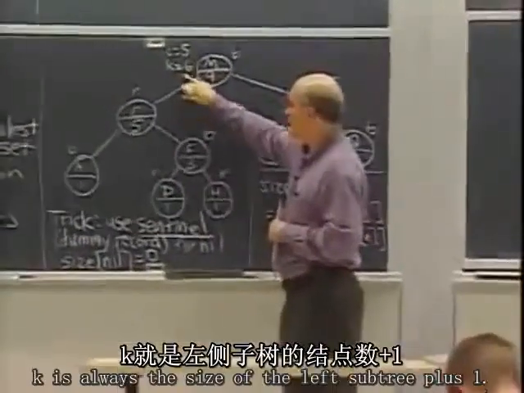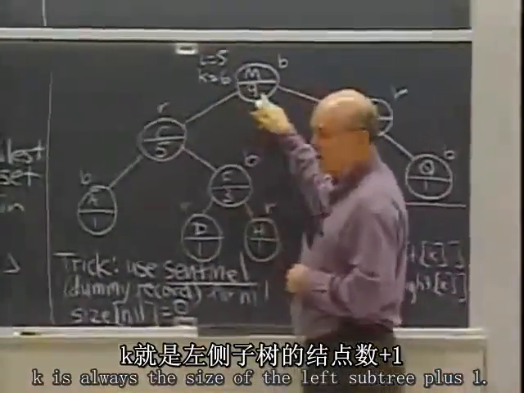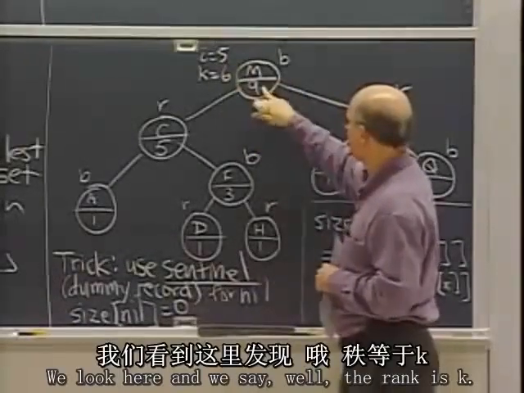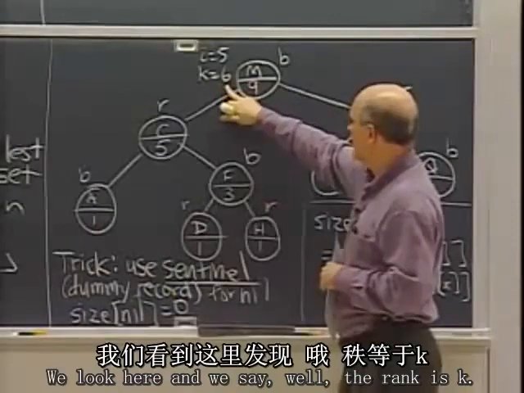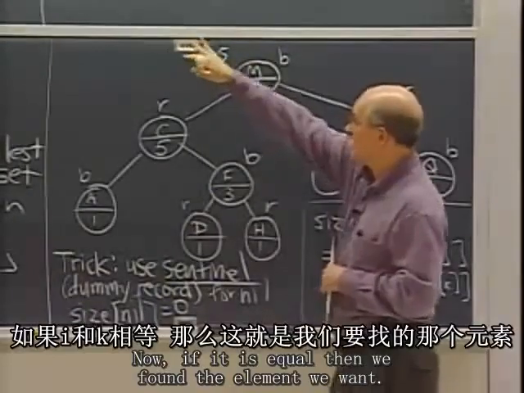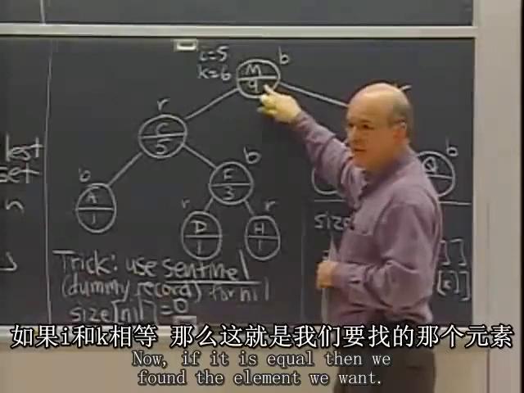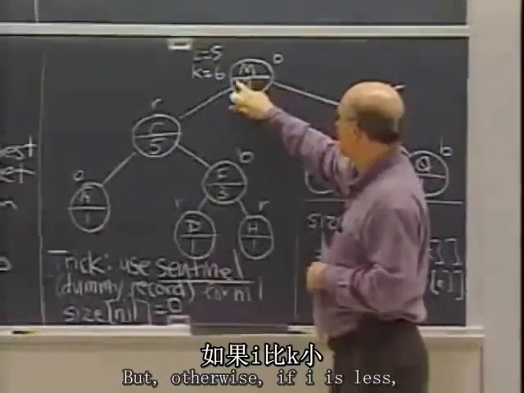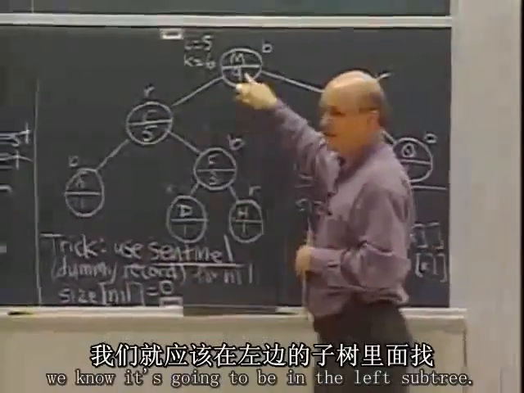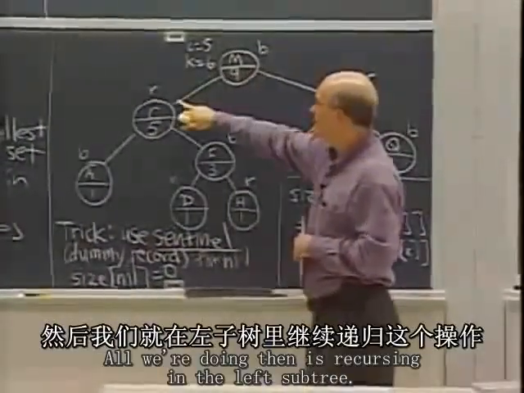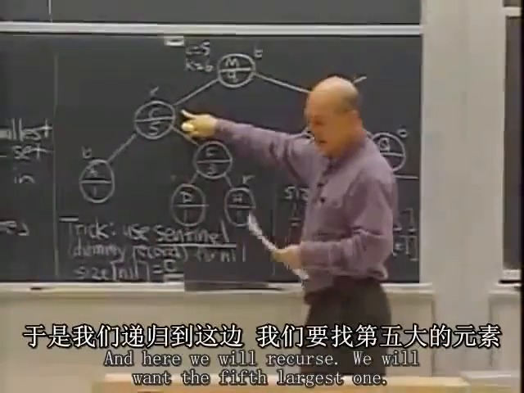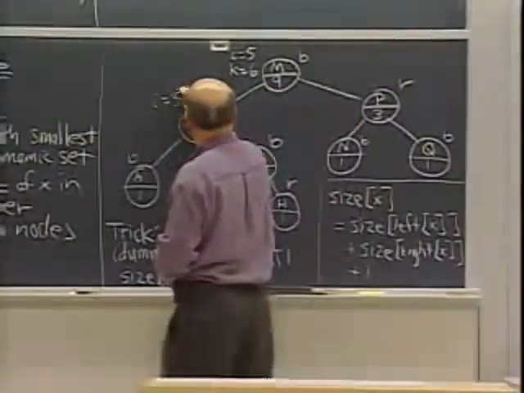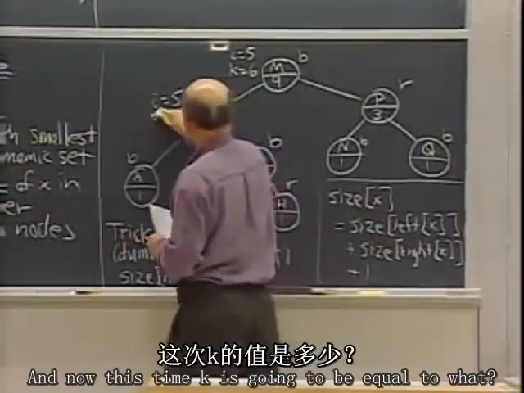So k is always the size of the left subtree plus 1. That's just the rank of the current node. So we look here and we say, well, the rank is k. Now, if it's equal, then we found the element we want. But otherwise, if i is less, we know it's going to be in the left subtree. So all we're doing then is recursing into the left subtree. And here we'll recurse. We'll want the fifth largest one. And now this time k is going to be equal to what?